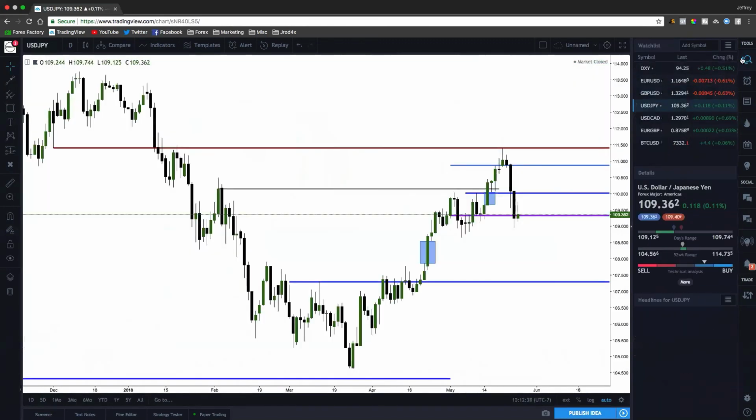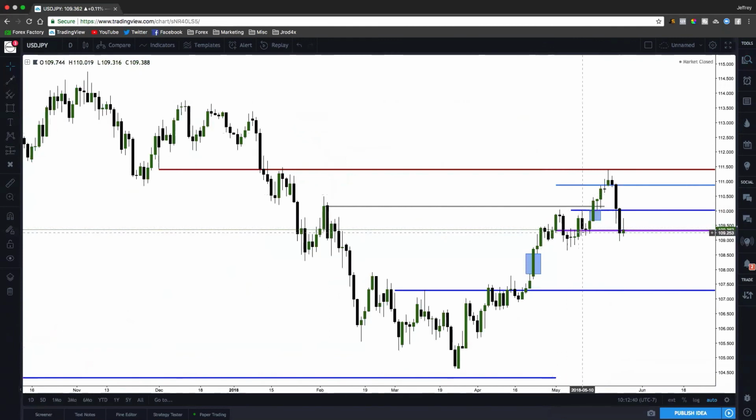Let's go ahead and move over to USD JPY. Now, this pair here is throwing me off a little bit, to be honest. I'm not really going to be trading USD JPY because it's not following the sync of the dollar index at all. As you can see, dollar index has been pushing higher, but USD JPY has seen some significant weakness.